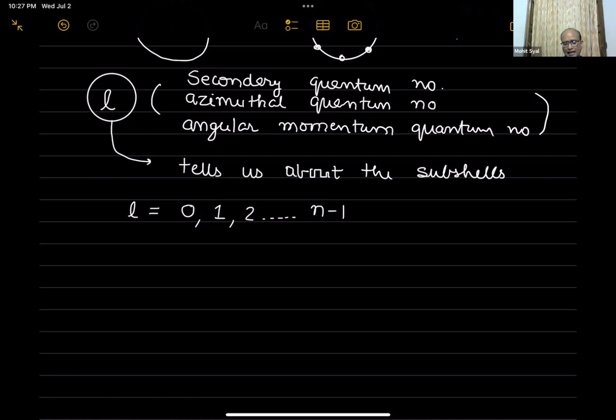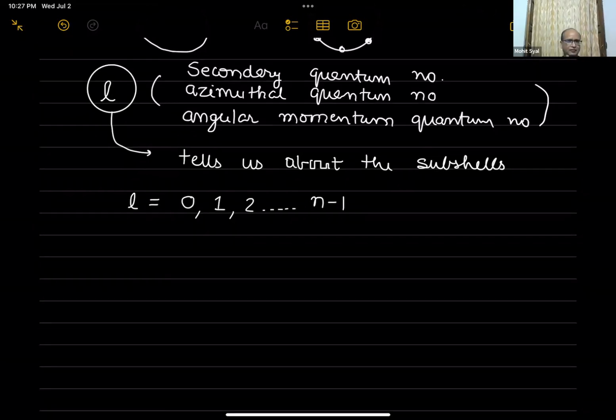This is the number code for each subshell. Like if we are in a city, we have the name of the city and we have the pin code. Similarly, you have the name of the shell, K, L, M, N, O, P, and you have the number also, shell number 1, 2, 3, 4. Within the shells there are subshells grouped together, and they are represented by alphabets, and they can be represented by numbers also.